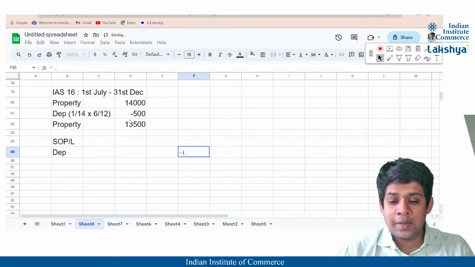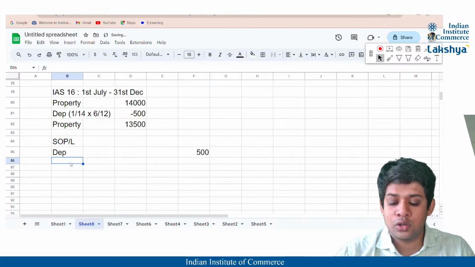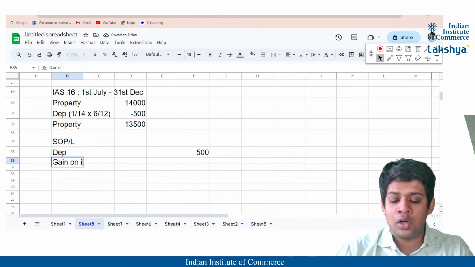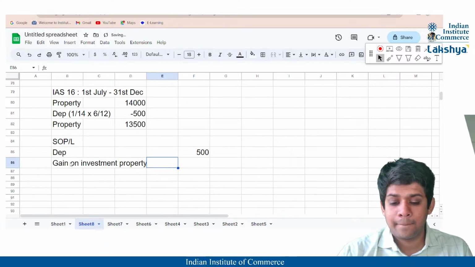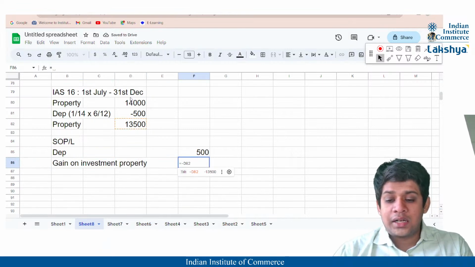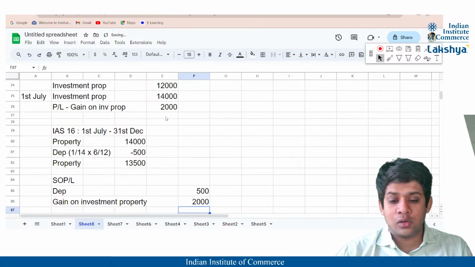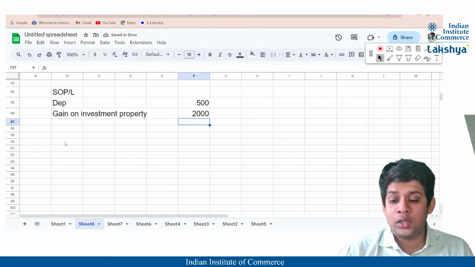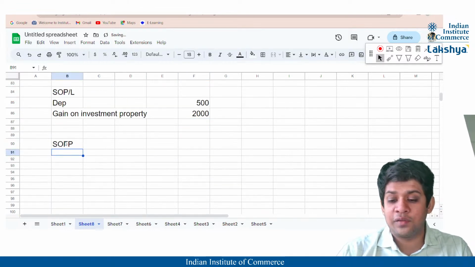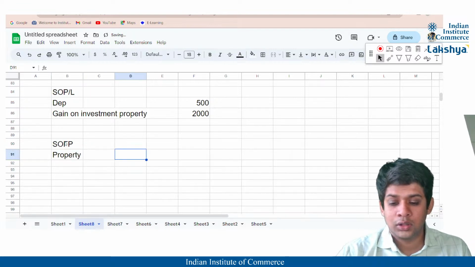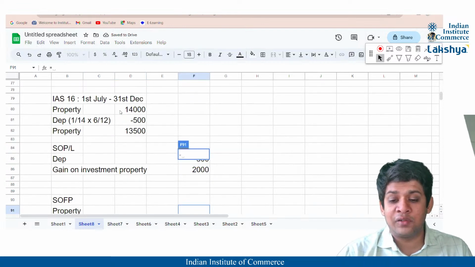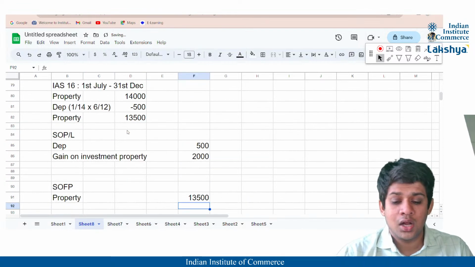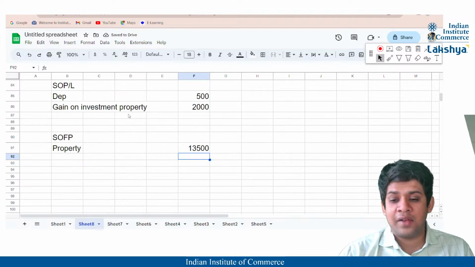The depreciation on the property, that is of 500, and we are going to show in the P&L the gain on investment property, that is we calculated it to be 2000, right? Because it happened during the year, correct? And in the statement of financial position, my property will be valued at its year end value, that is after charging depreciation of 500, which is 13,500.